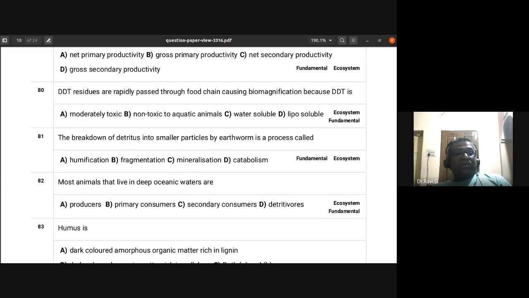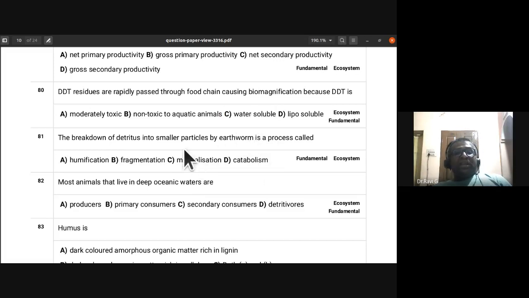The 79th answer is A, net primary productivity. Next, DDT residues are rapidly passed through the food chain by biomagnification because DDT is water soluble. You have to remember that, because they are water soluble, they can enter through the food chain.